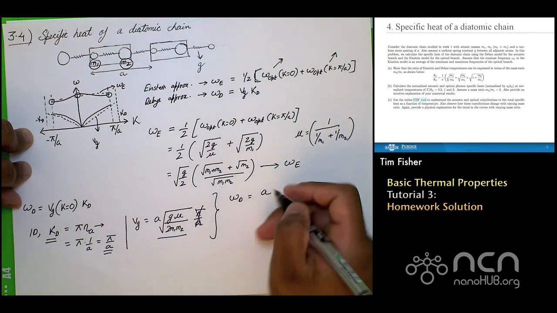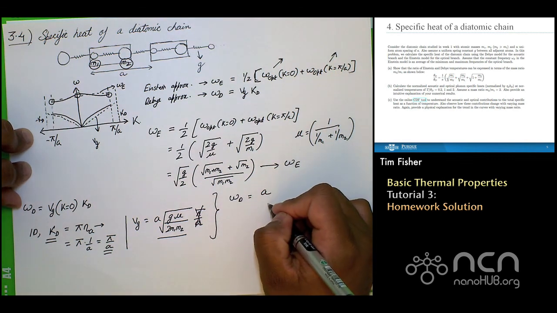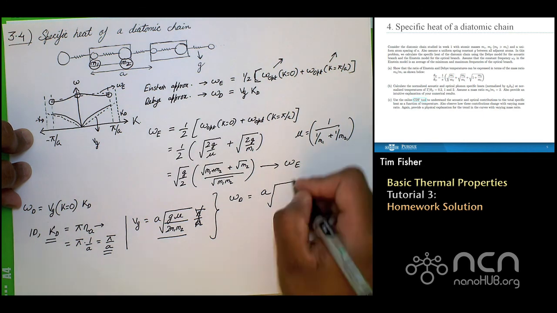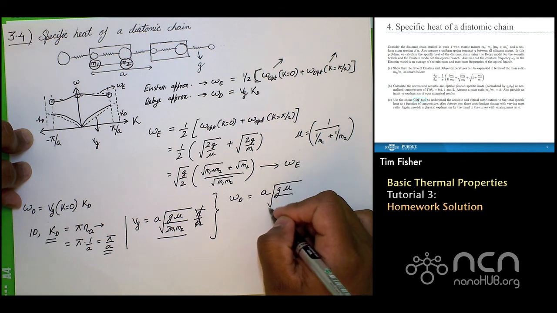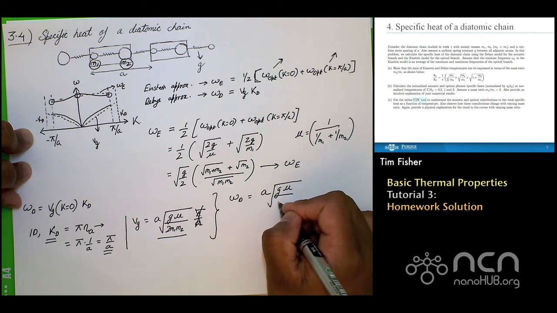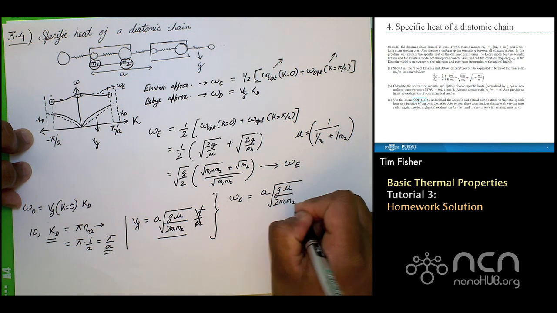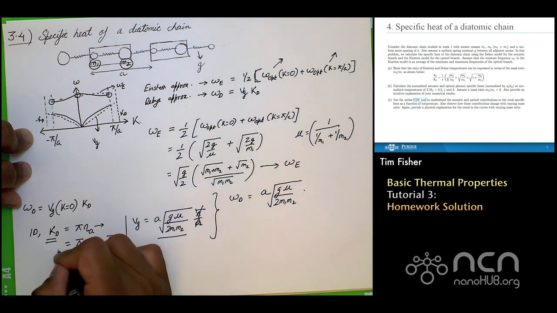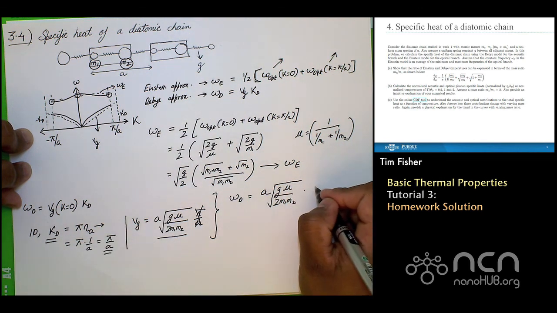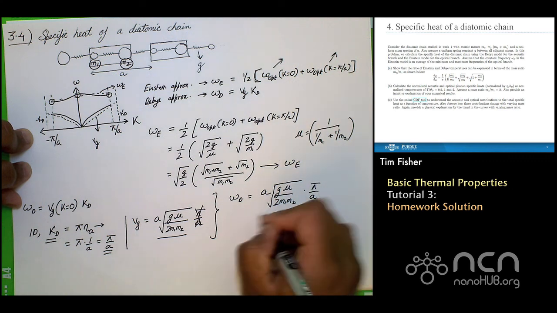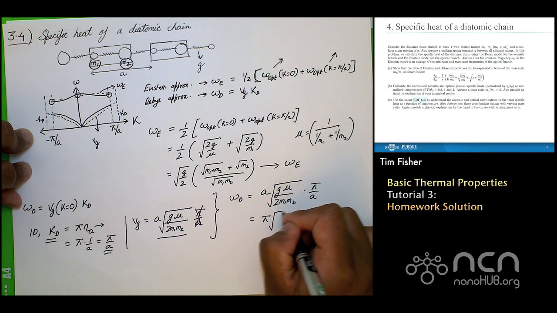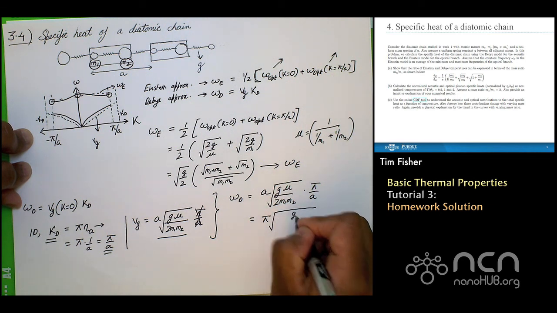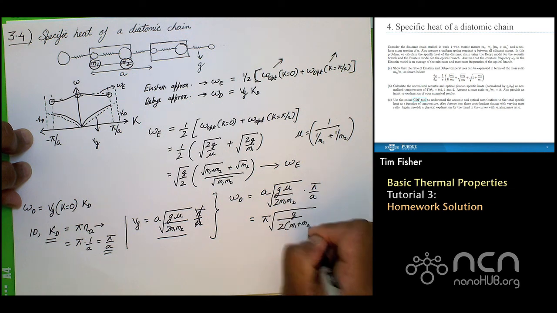So therefore the Debye frequency can be given as the product of the group velocity at the center of the Brillouin zone, which is given by A multiplied by the square root of G mu upon 2 m1 m2, multiplied by the Debye cutoff wave vector, which is pi by A. And simplifying this further, this can be written as pi multiplied by the square root of G upon 2 multiplied by m1 plus m2.